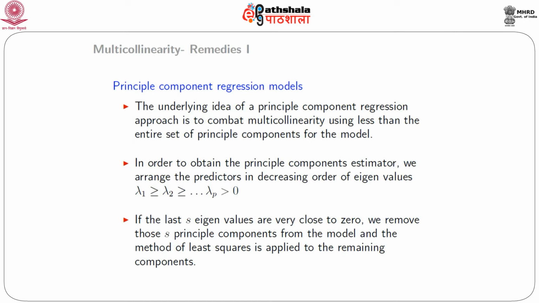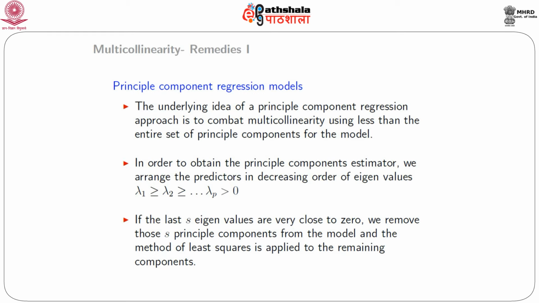As we have seen, in principal component regression, we started with standardizing our dependent and independent variables, and we then transformed the matrix of predictor variables, and now we obtained the principal components of X prime X, and based on the eigenvalues we retain the principal components which are statistically significant and remove the others. So, here in removing the principal components, we are removing multicollinearity from the data set.